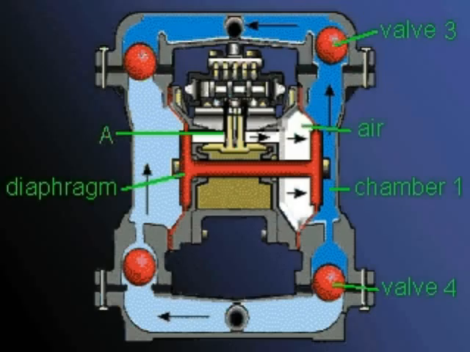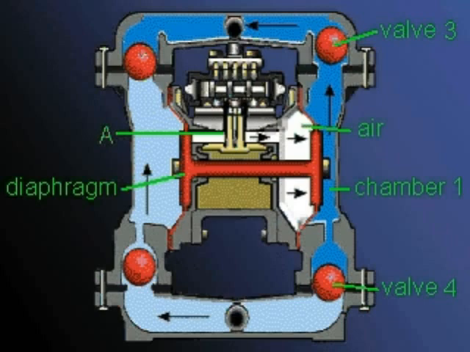In the diagram, air has been directed into chamber 1. This pushes the diaphragm to the right and moves the slurry through the open ball valve at 3 to the outlet. The ball valve at 4 is being pushed shut.